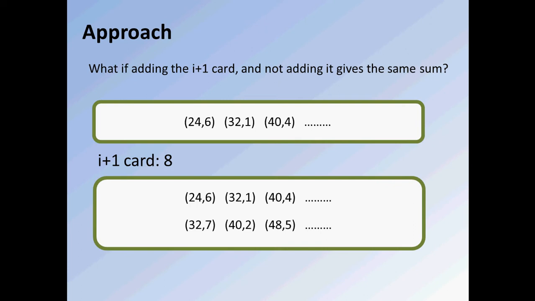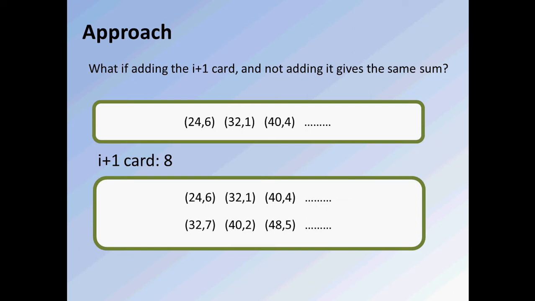Since this set contains all possible combinations of cards that we had already seen, we can simply add future cards to the set, and adding them to repeated numbers, say 32, does not make much of a difference. You can just add to one of them and you still get the same combination.